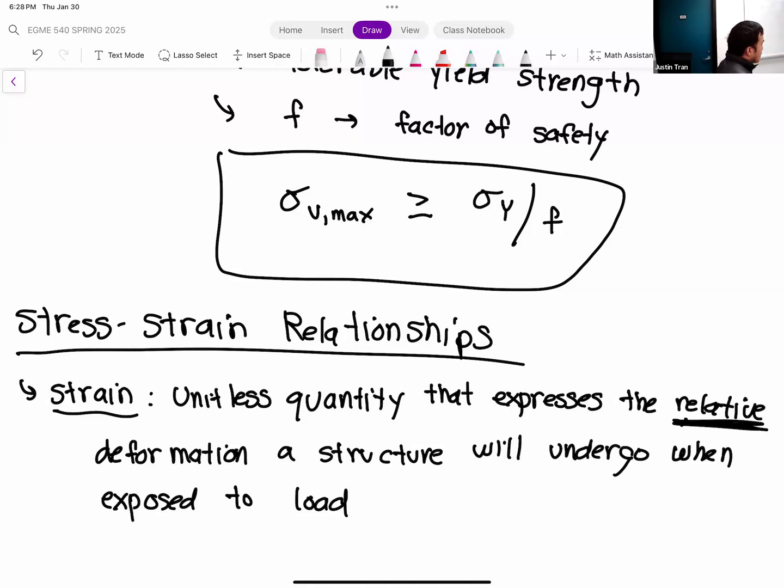And so if strain occurs, then why are we measuring the deformation? Or what's the difference between total deformation and strain? Well, strain is a relative quantity. So I think the easiest way to visualize strain is basically it's a measure of how much a certain point deforms relative to its resting configuration.